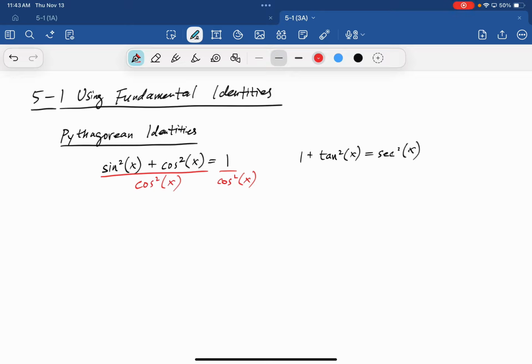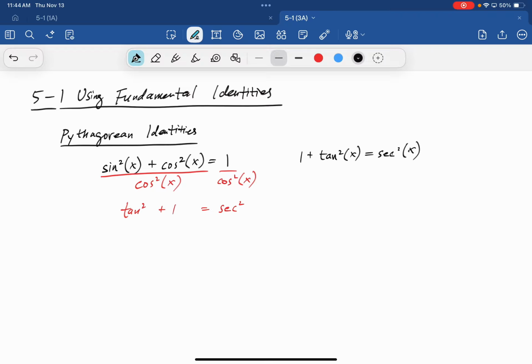Then the left side becomes tangent squared plus 1, and the right side becomes secant squared. Because sine squared over cosine squared is tangent squared, and cosine squared over cosine squared is 1. 1 over cosine squared is secant squared. Any questions?